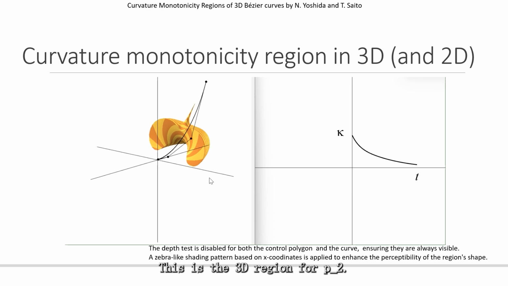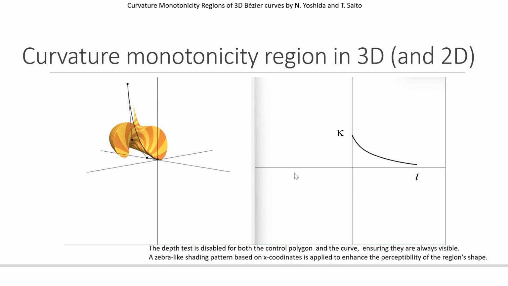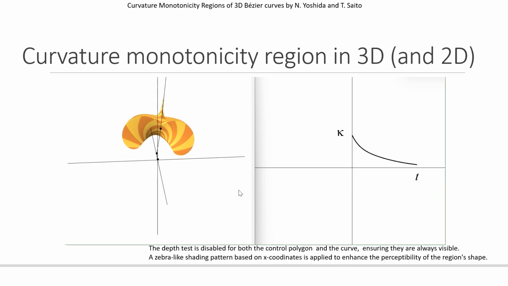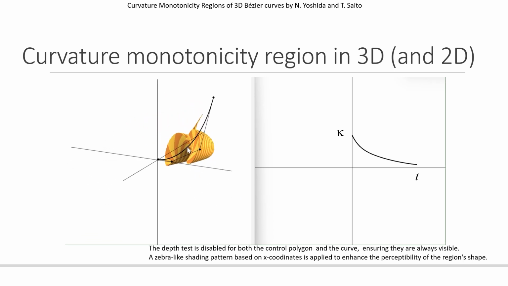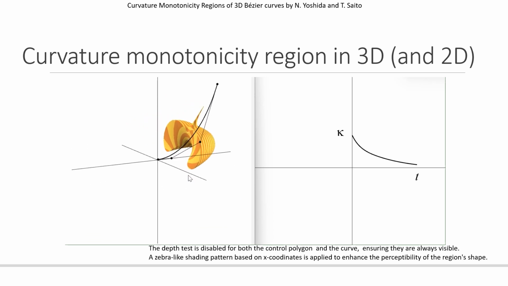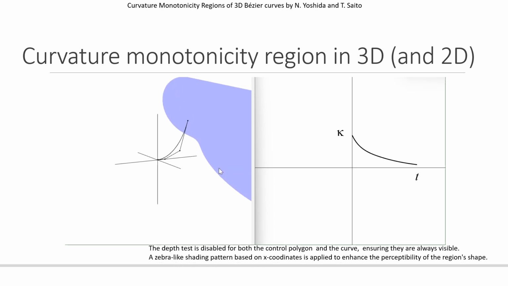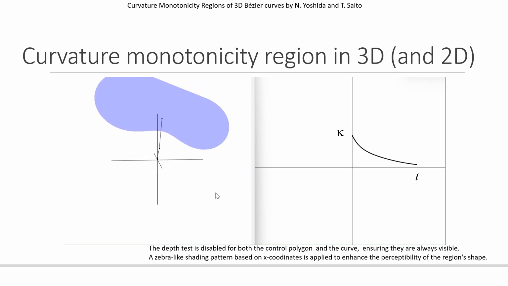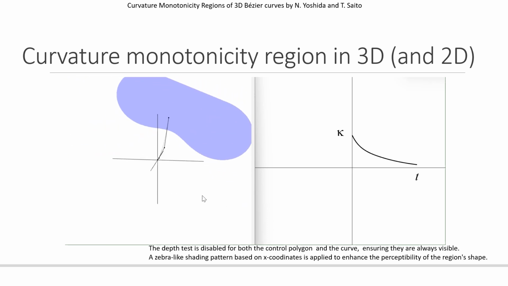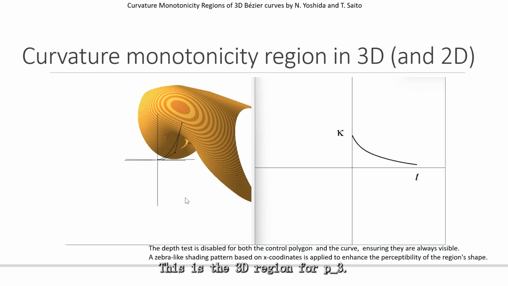This is the 3D region for P2. This is the 2D region for P3. This is the 3D region for P3.